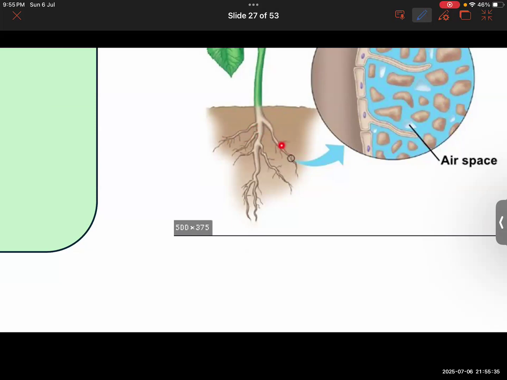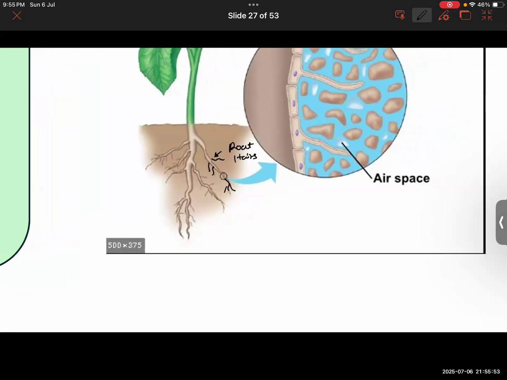They have tiny hair-like structures growing on them. We call them root hairs.